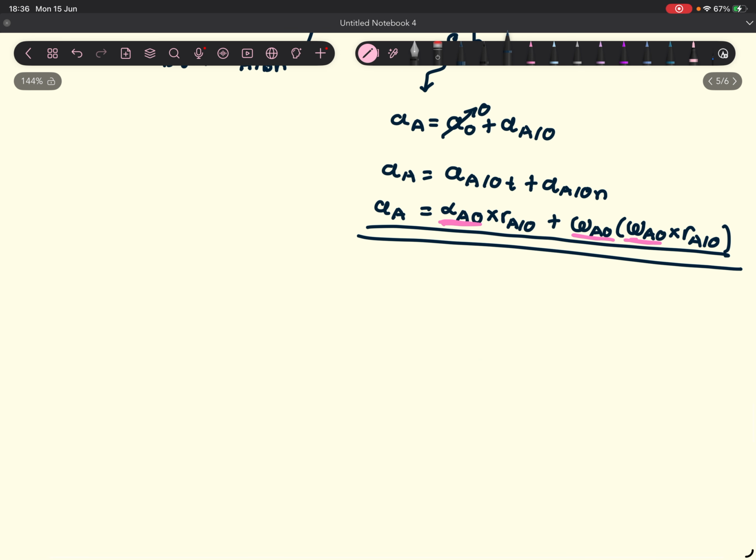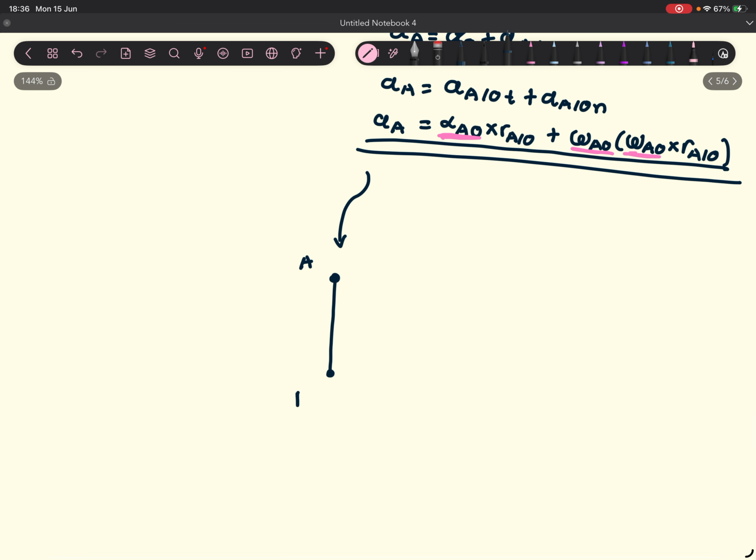Now if we had a case where it was both rotating, so we had A, and I'm just going to call this point B, and let's say that it was rotating about its center of mass G. So it's rotating, and it also has an acceleration a G. I'm just going to call this alpha G, which will be the same as alpha AB.